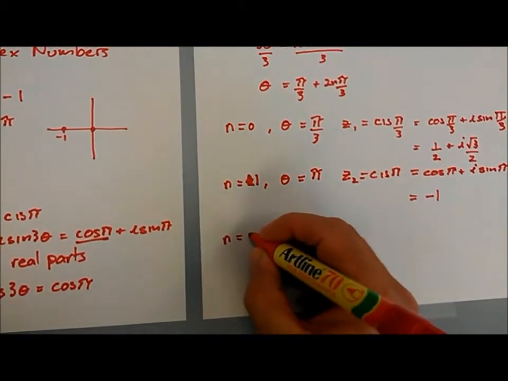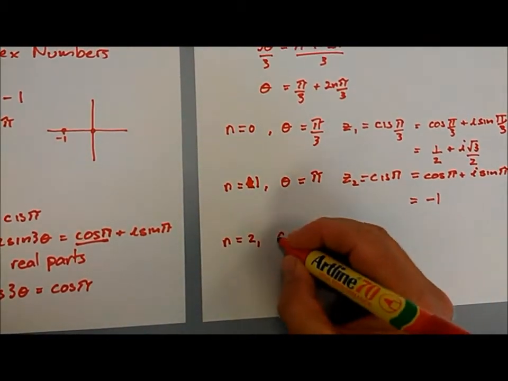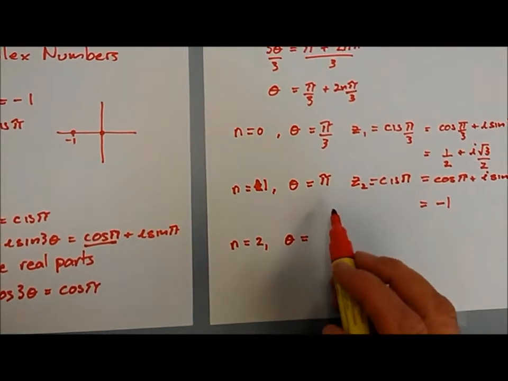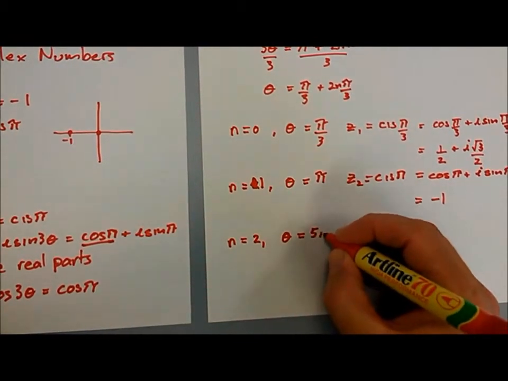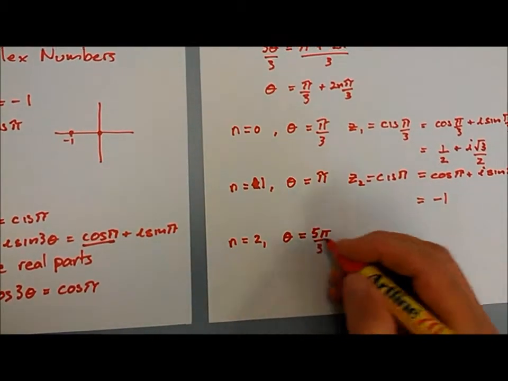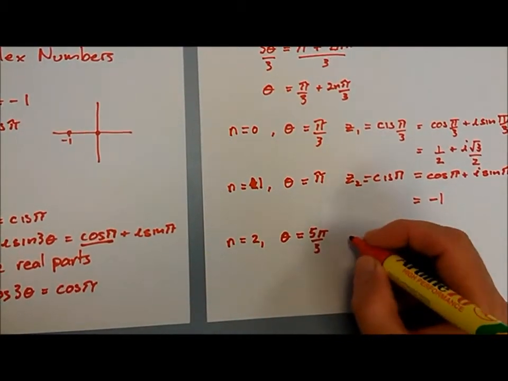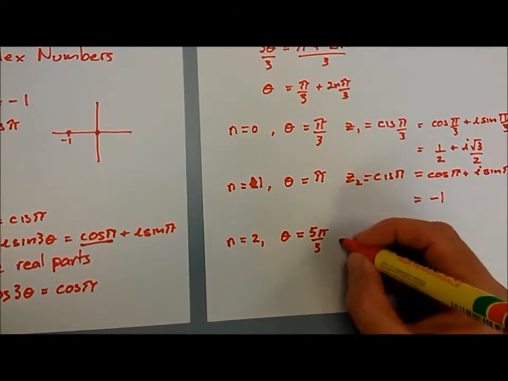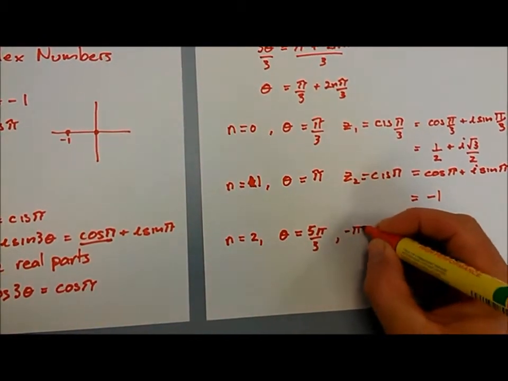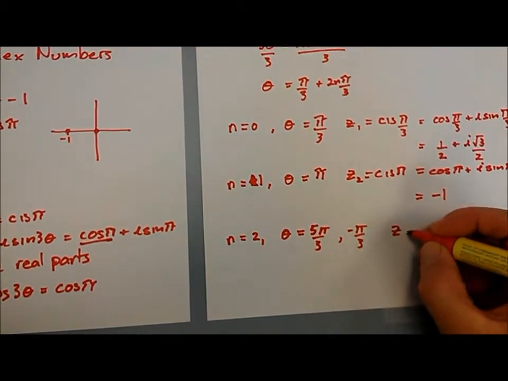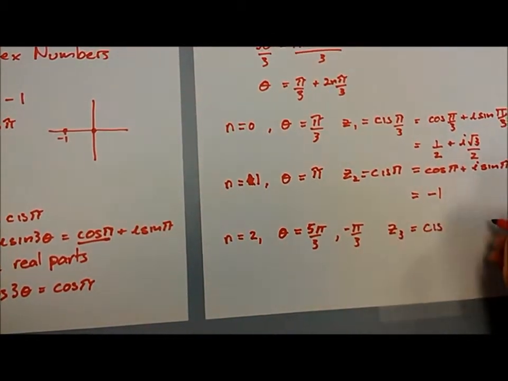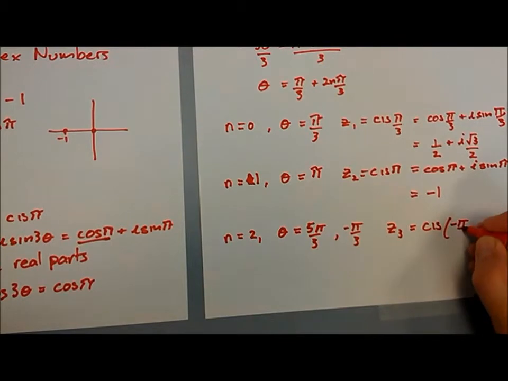I can substitute in n equals 2, and then I'll get θ is equal to 5π/3. Another way of looking at 5π/3, it's in the fourth quadrant. It would be -π/3 as the principal argument. So that gives me z3 is equal to cos(-π/3) + i sin(-π/3).